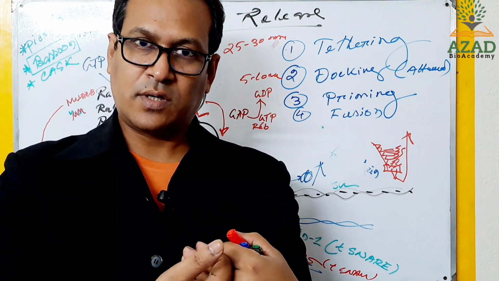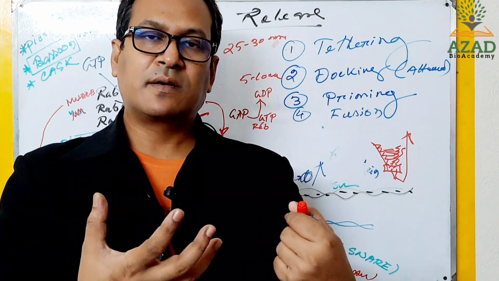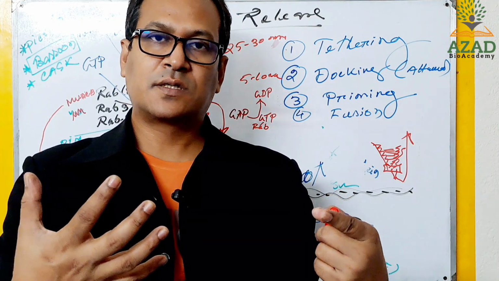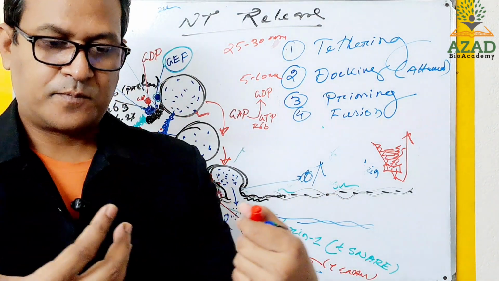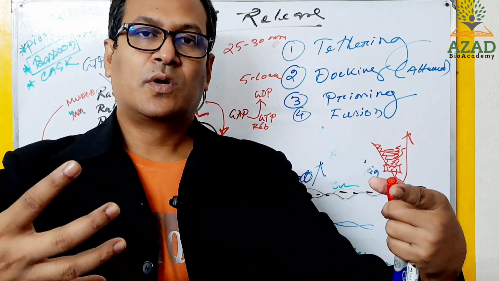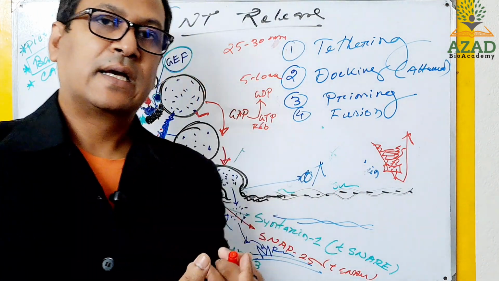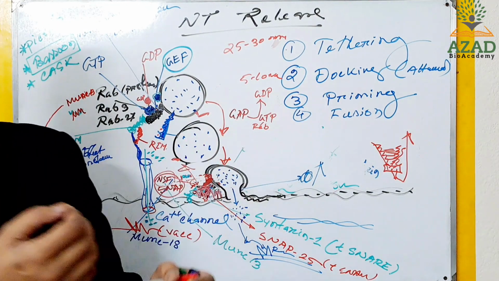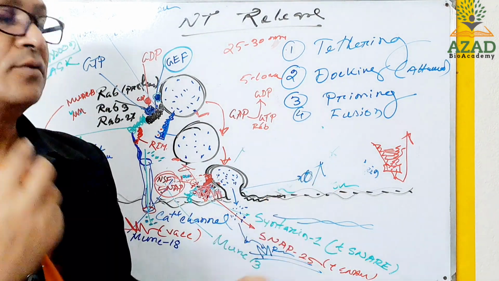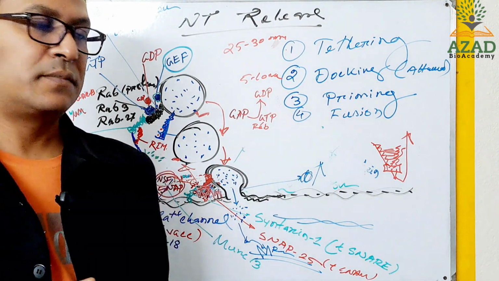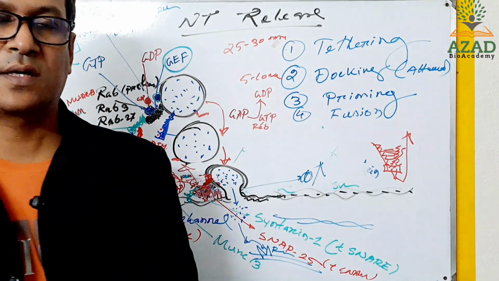This is the docking. And priming means it will make a four alpha helical complex cross connection, zippering, and here finally then fusion by the synaptotagmin and calcium.